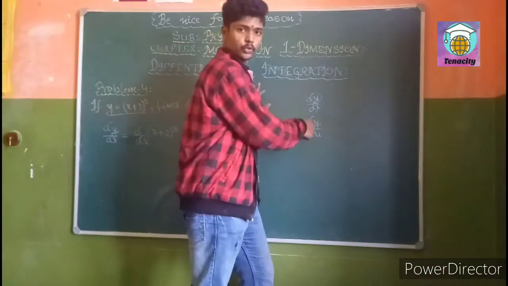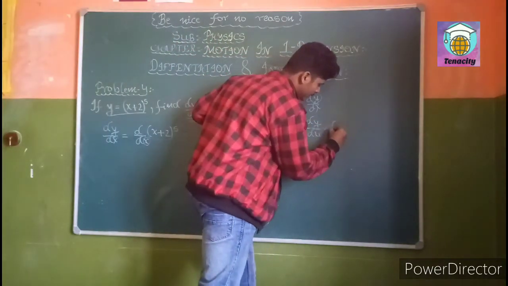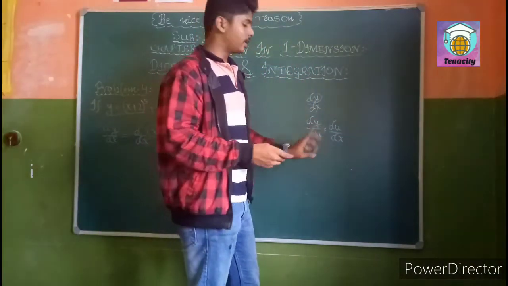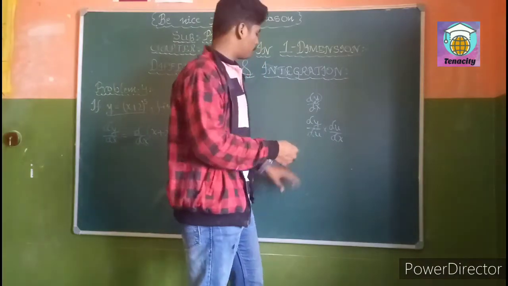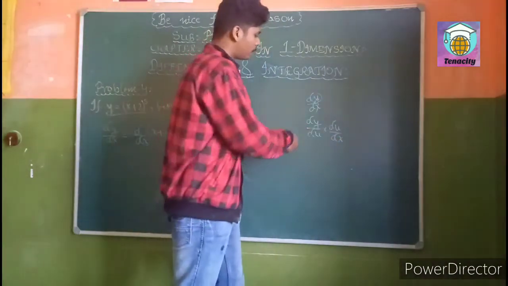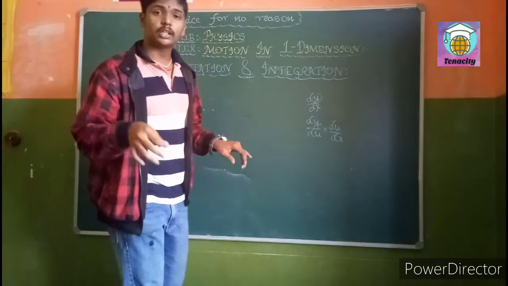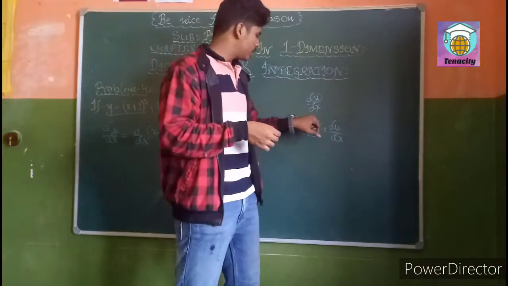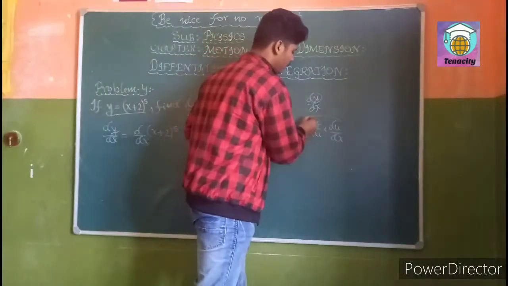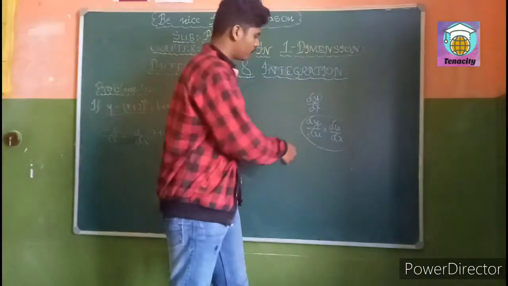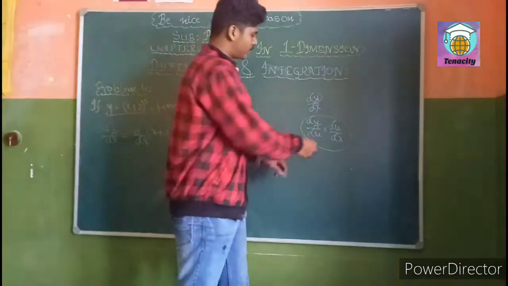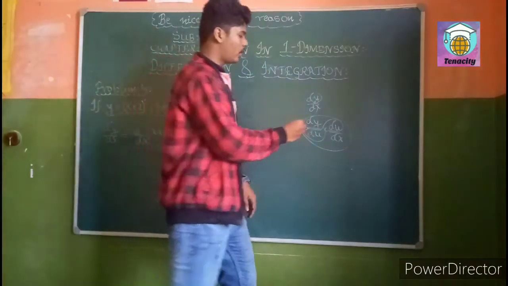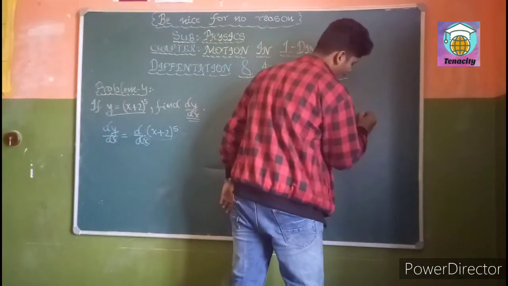So dy by du into du by dx. The same thing you have written here. Eventually these two get cancelled, but for solving purposes we multiply and divide with respect to which we have to differentiate. So now we can differentiate in this manner. Why is it called the chain rule? We are multiplying and dividing. It is like a chain. So this is called the chain rule.